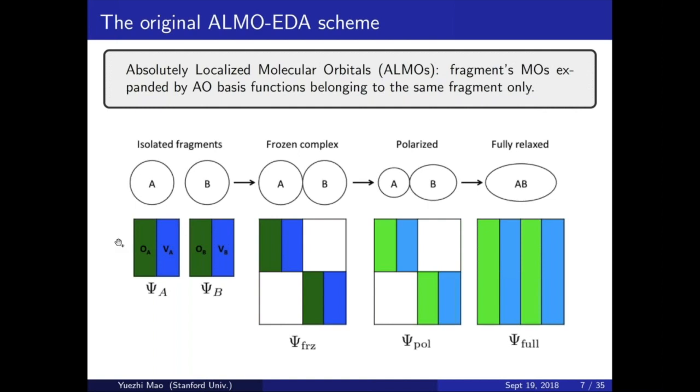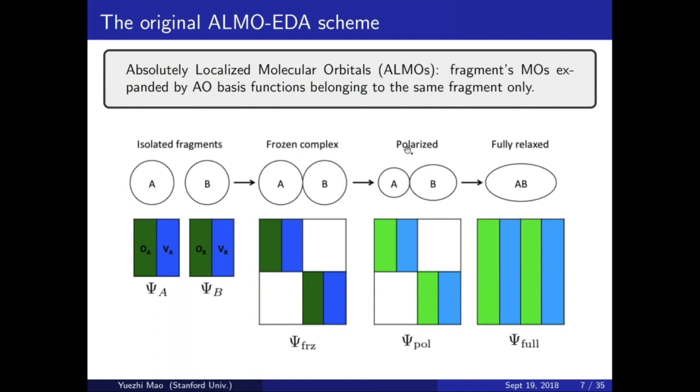First, we have two isolated fragments, and they are both calculated with DFT and have their optimized MO coefficients. Then we just concatenate them together in the geometry of the complex without further relaxation. This is called the frozen intermediate state.